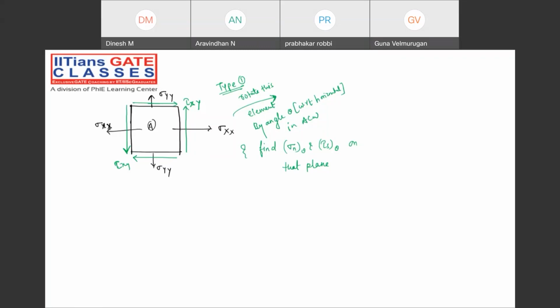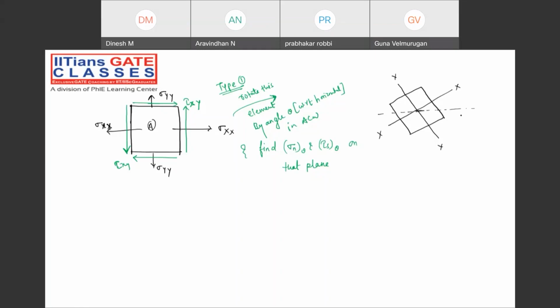Very, very important. Now, try to understand what I'm saying. Rotating this element, my dear friend. This is the y axis initially, and this is the x axis initially.